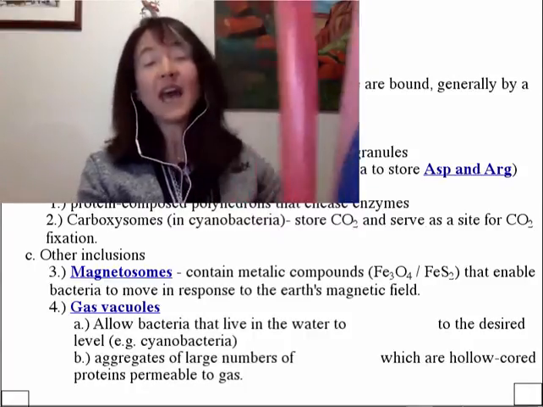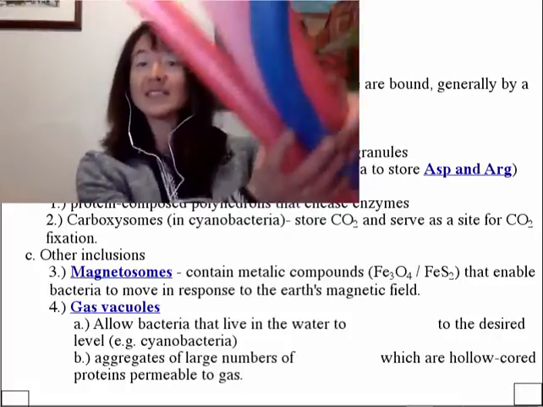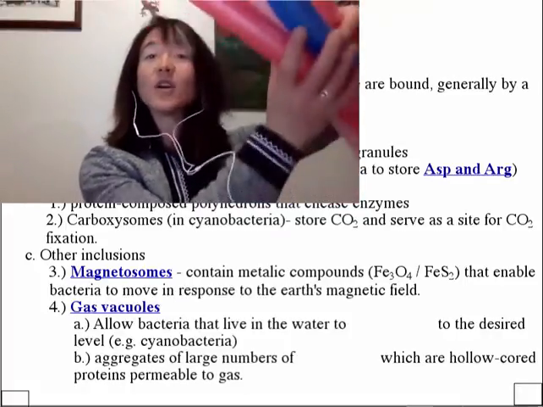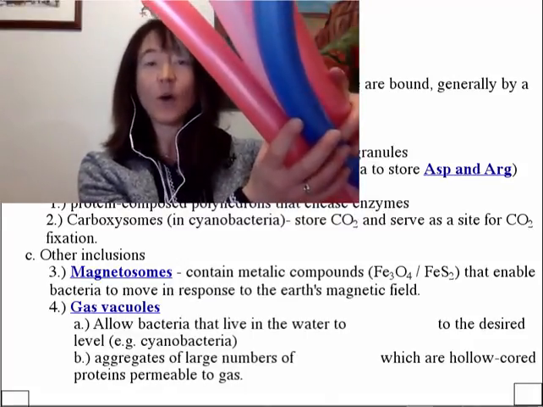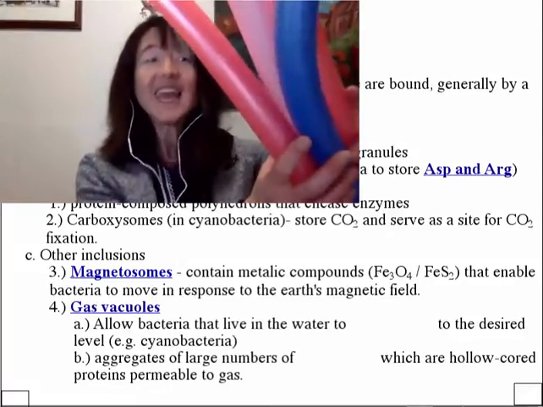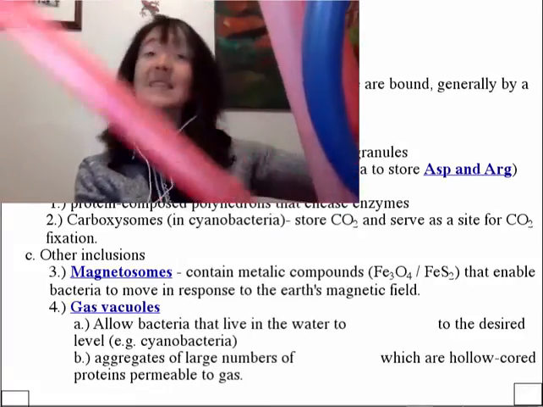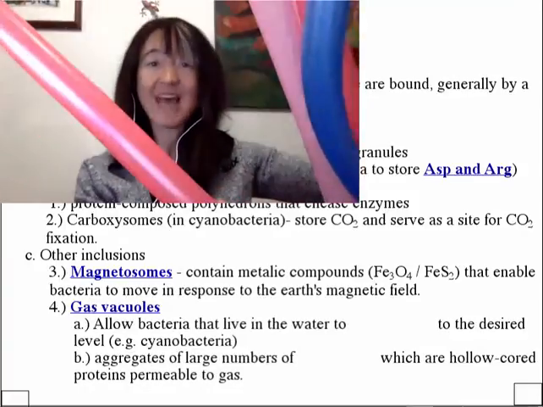So as you might guess, the more gas vesicles there are, the more a cell will float, and the higher the level within the aquatic environment. And of course, if a cell wants to float to a particular wavelength of light, it can either construct or deconstruct these gas vesicles in order to accommodate that.